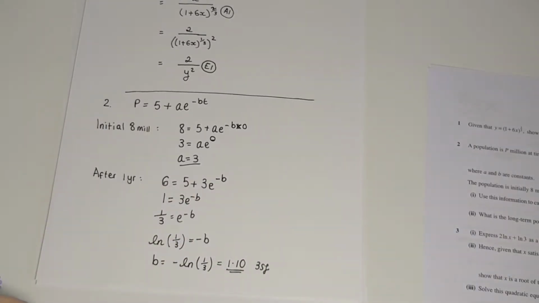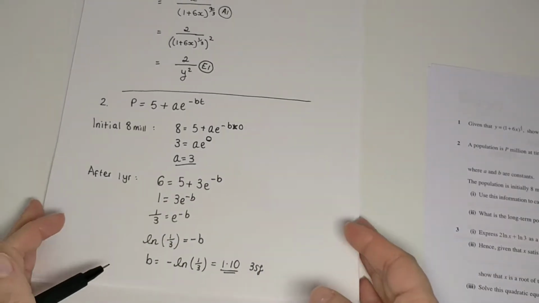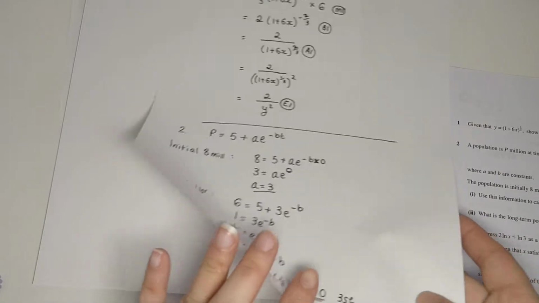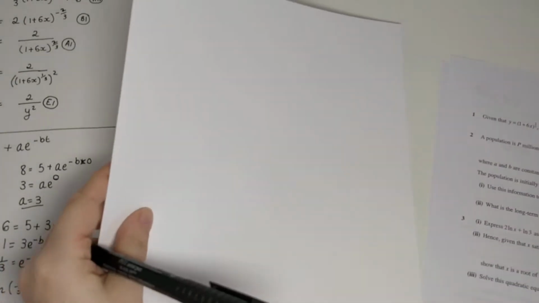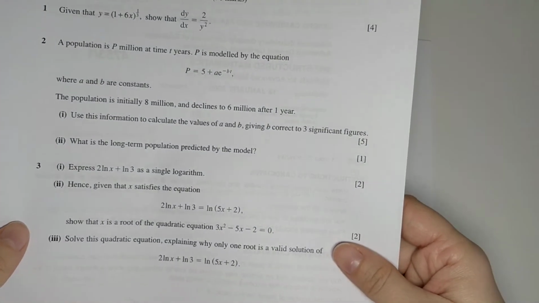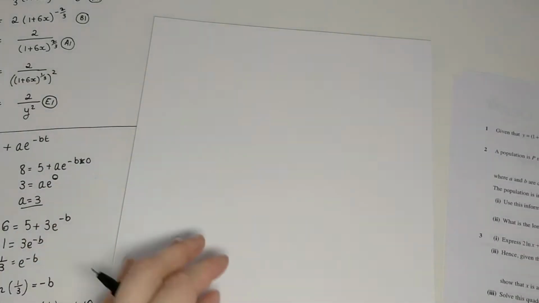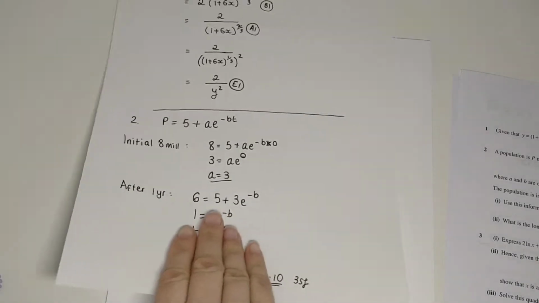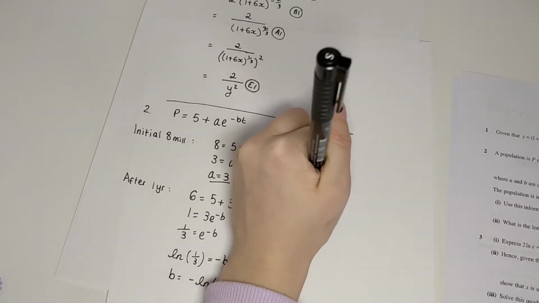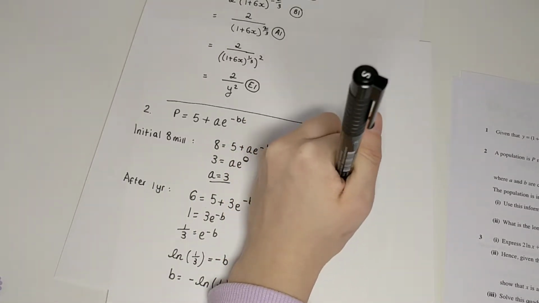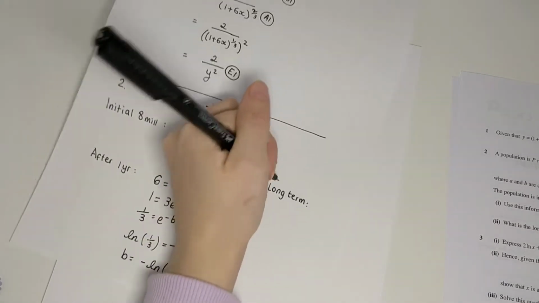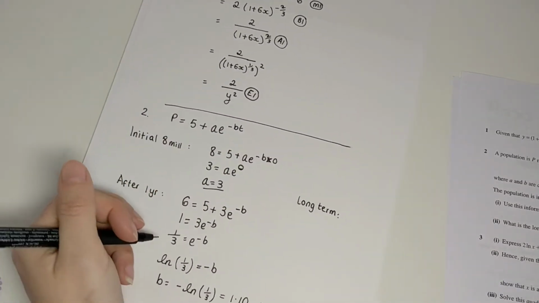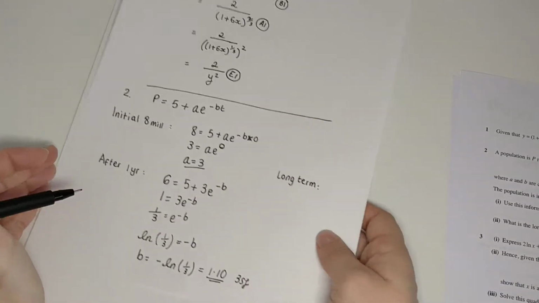Okay, so I found a and b, and then what is the long-term population predicted by the model? I can do that on here actually. Long-term. So the long-term would be if t got really, really, really big.